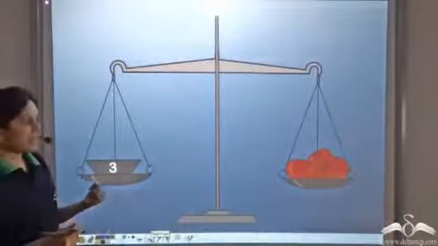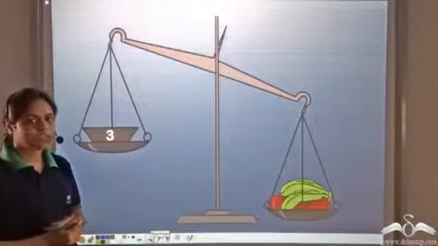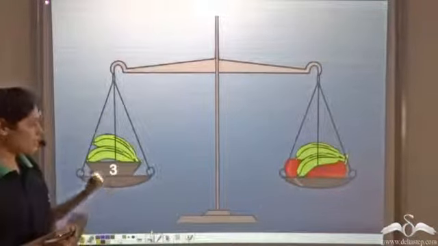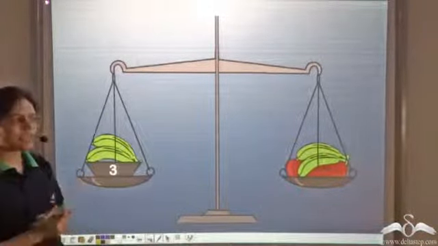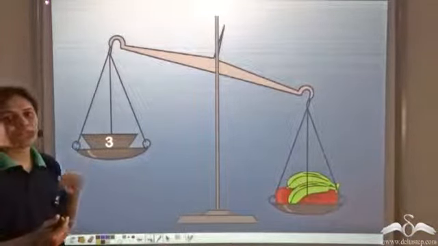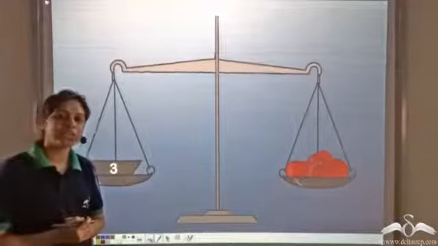Now this scale is balanced. If we add 2 bananas on one side of the scale, it becomes unbalanced. To keep it balanced, we need to add 2 bananas on the other side as well. If we remove bananas from one side, then we have to remove bananas from the other side as well to make the scale balanced.